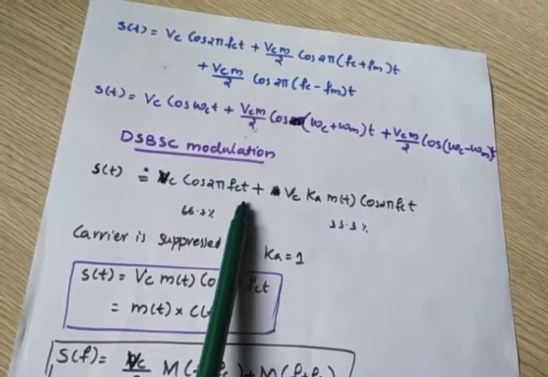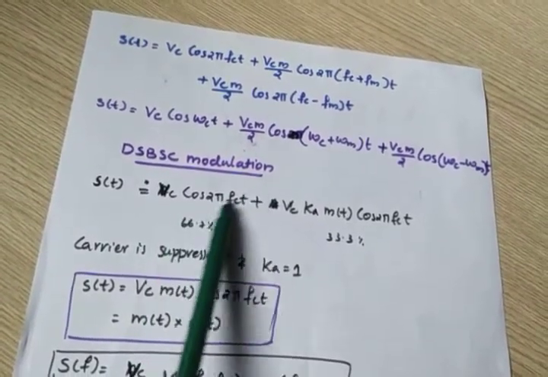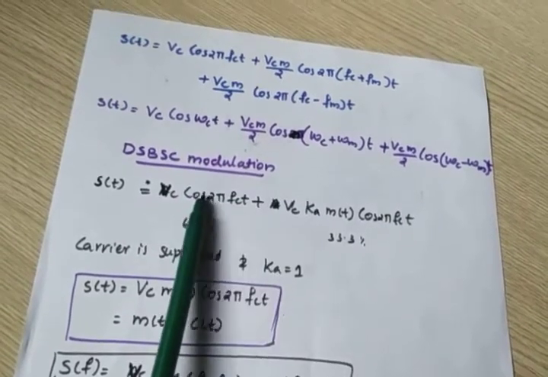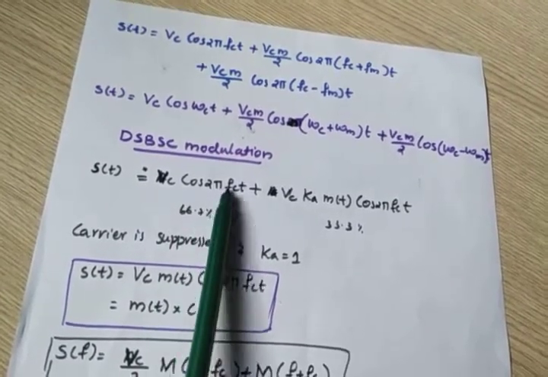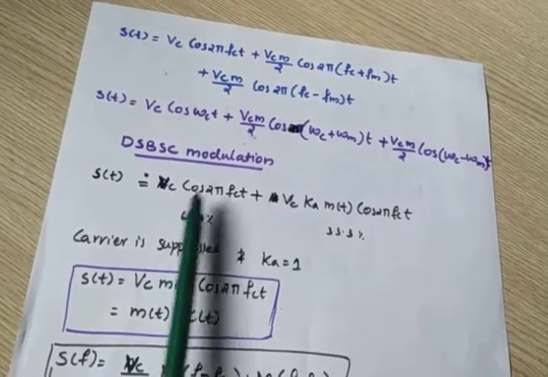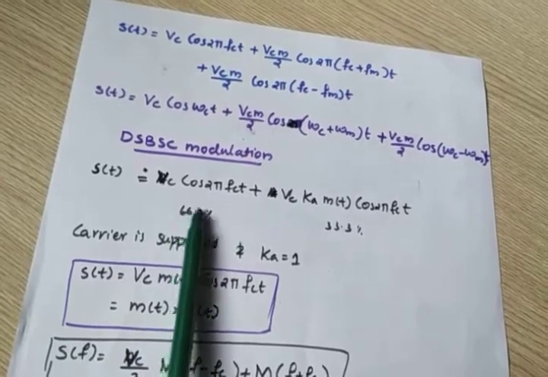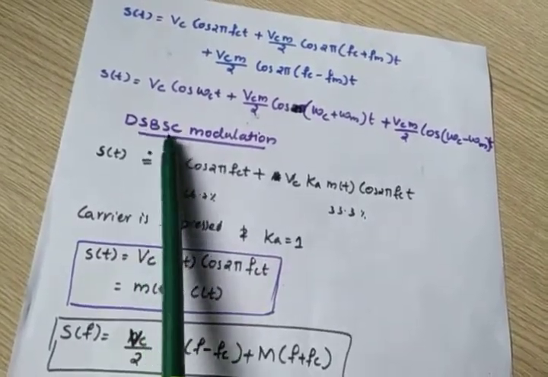So one might think that if we suppress this carrier, we can increase the efficiency. If we suppress this carrier, we can save this 66% of power. Why? Because the power which is used for this carrier we can eliminate or save. That's the method we use here in double sideband suppressed carrier.